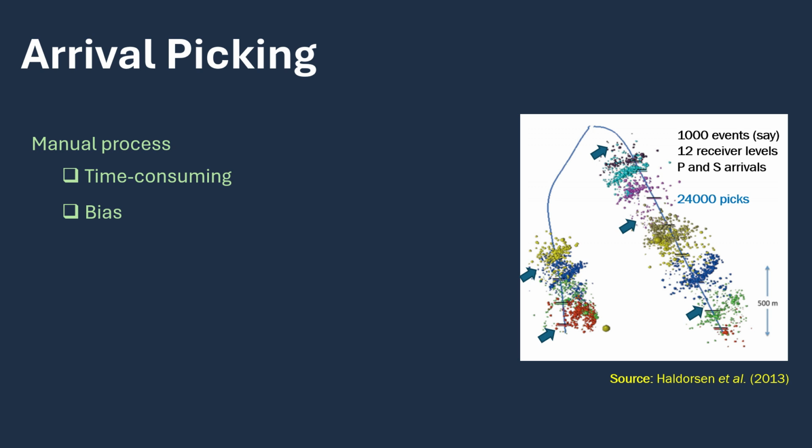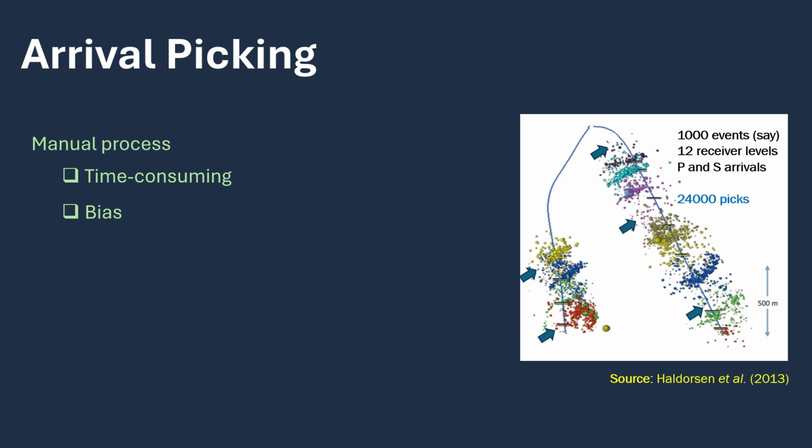Again, there are tools that can support large receiver levels, and especially with DAS deployments, we have more levels to pick. Then we also pick for both P and S wave arrivals. Even with these numbers, we have to pick around 24,000 arrival times, which is certainly tedious.